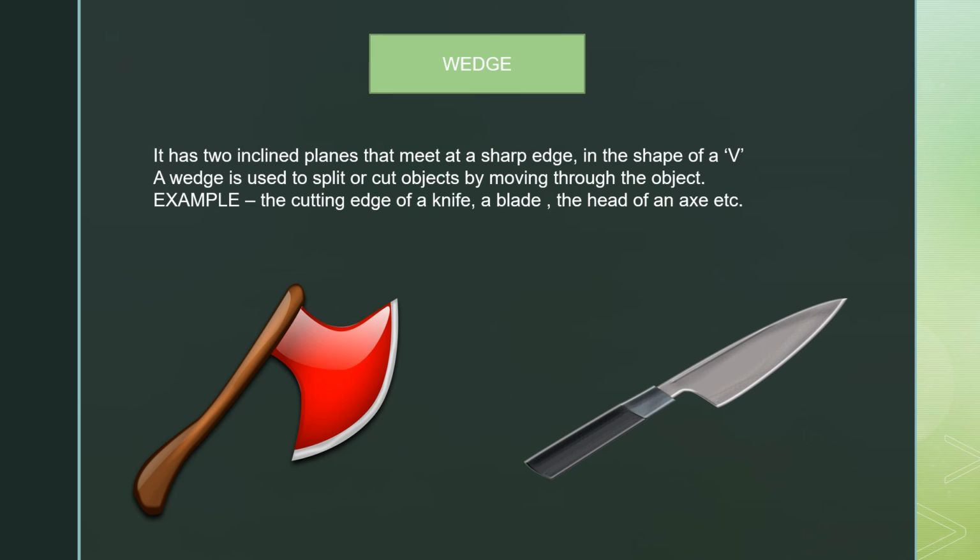Children, a wedge has two inclined planes meeting at a sharp edge, in the form of a V. We need to hold a wedge, and when it is moved through the body of the object, it cuts or splits the object. The examples are the cutting edge of a knife, of a blade, and the head of an axe.